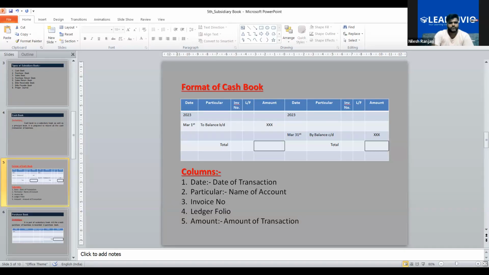Should I also add columns? Columns: the date, particulars, the invoice details, yes, details you should write. Okay, just give me a second.